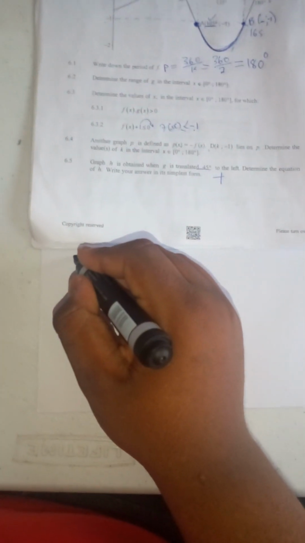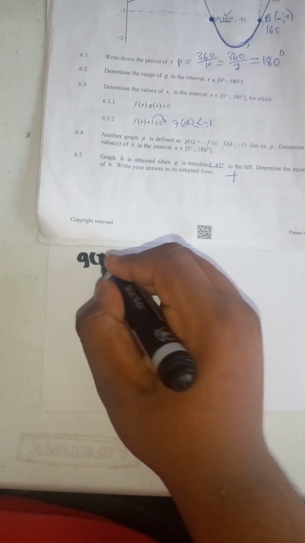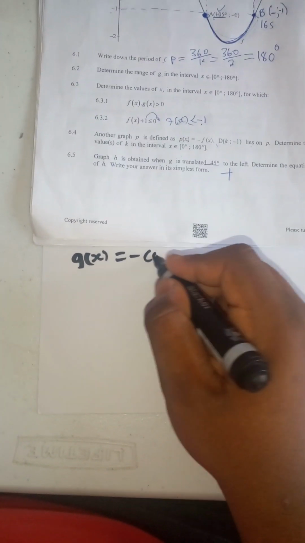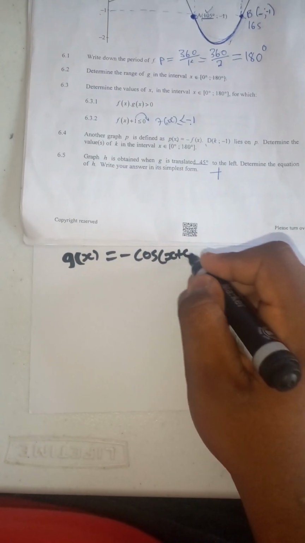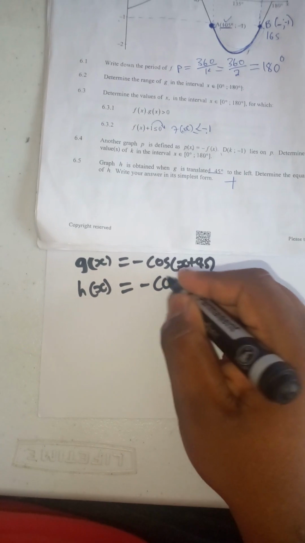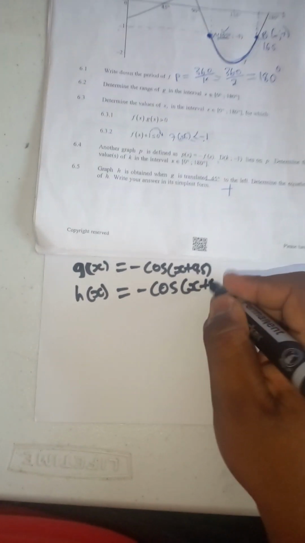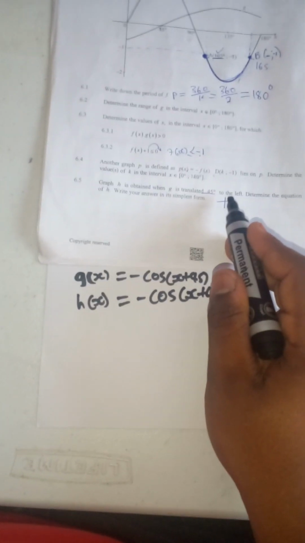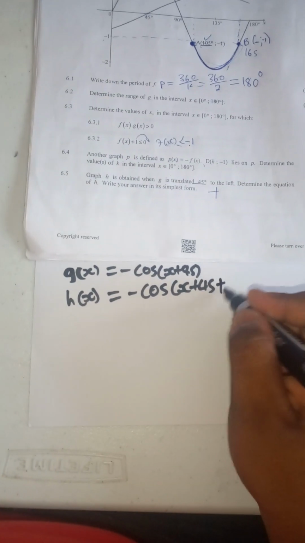The graph of g, g of x, is equal to negative cos x plus 45, right? But they want the graph of h. So h of x will be equal to negative cos x plus 45. I said to the left, you add. So plus 45.